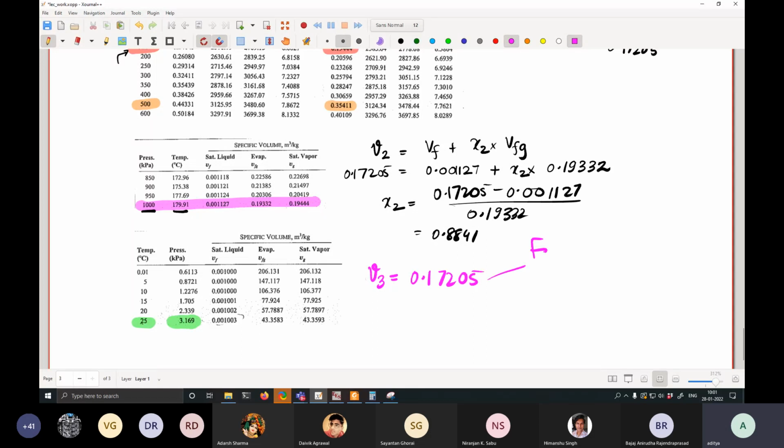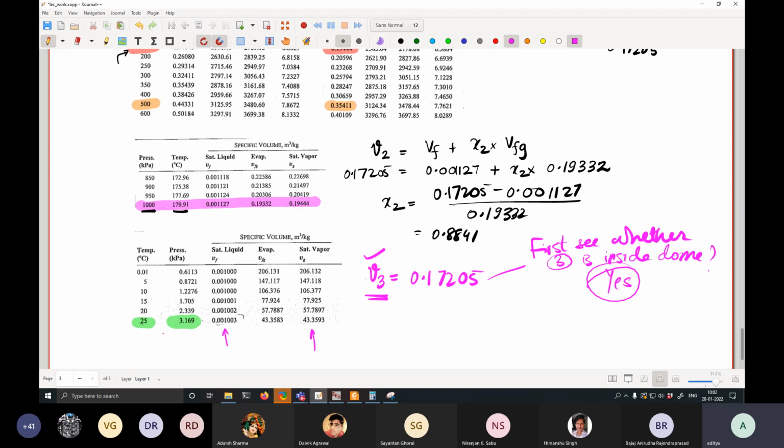You must first see whether 3 is inside the dome. So V3 lies between Vf and Vg. Does it? Yes, it does lie between Vf and Vg. So we can conclude it is inside the dome.